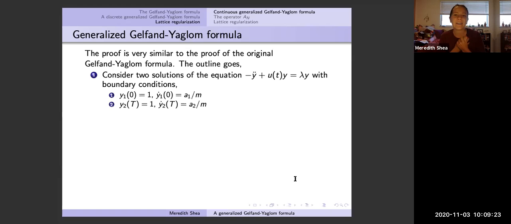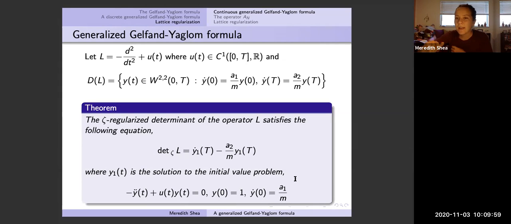I have this differential equation: minus y double dot plus u of t y equals lambda y. Lambda is just some parameter. And I'm considering two solutions with the following boundary conditions. So we already saw y1, but we also have this y2, where y2 of T is equal to 1, and y2 dot of T is equal to A2 over M. So if we go back and look at the domain, y1 and y2 aren't necessarily in the domain of this operator.